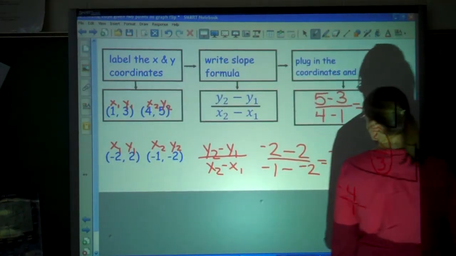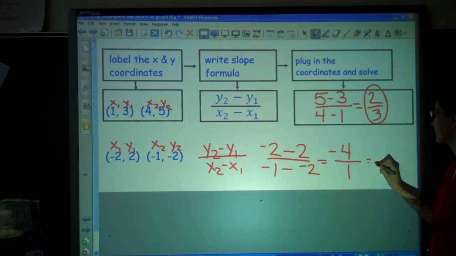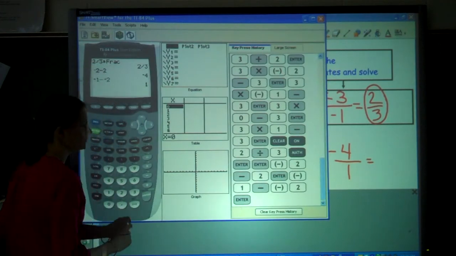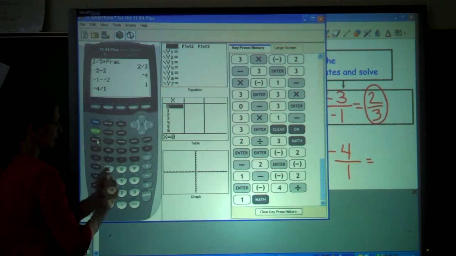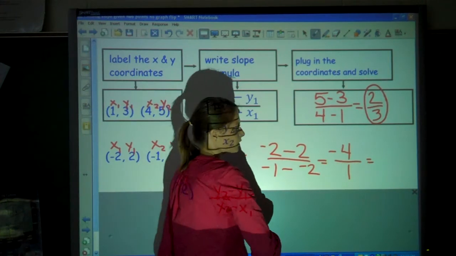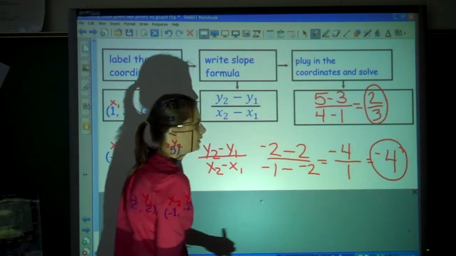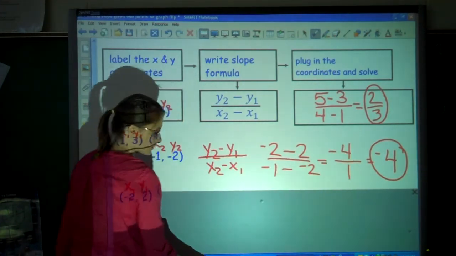And what I'm going to do is I'm just going to pull this negative right out. Oh, I'm going to stick that in my calculator first. Negative 4 divided by 1, math, enter, enter, and I get negative 4. So the slope of this line is -4. And because only one of the numbers is negative, that makes that a negative slope.